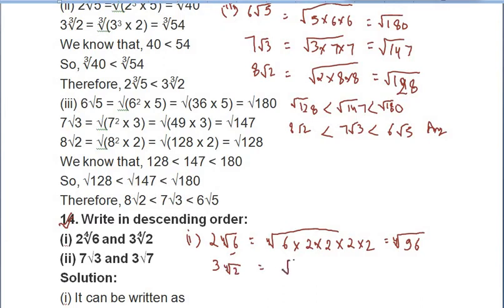So here this 3 will go inside and it will be written 4 times, that is 3 into 3 into 3 into 3. 2 3s are 6, 6 into 27 is 162. It will be 162 fourth root.